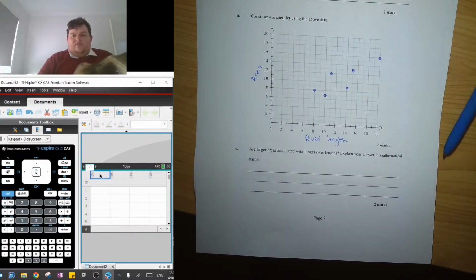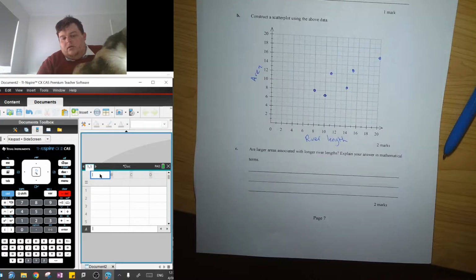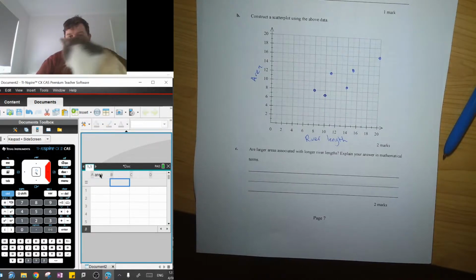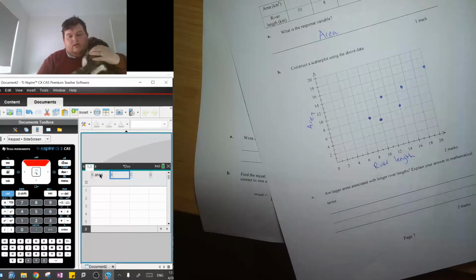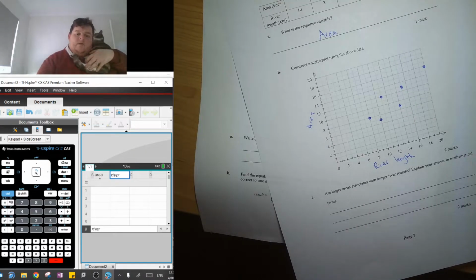Okay, so let's try that. Let's try area, and river length, which can't have any spaces in it, mind you.